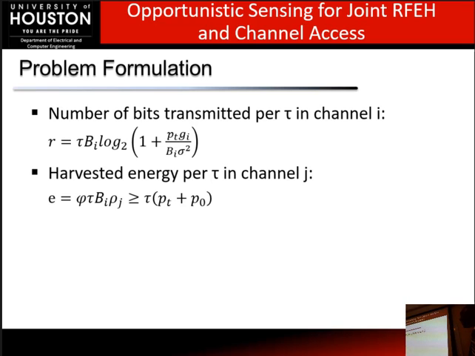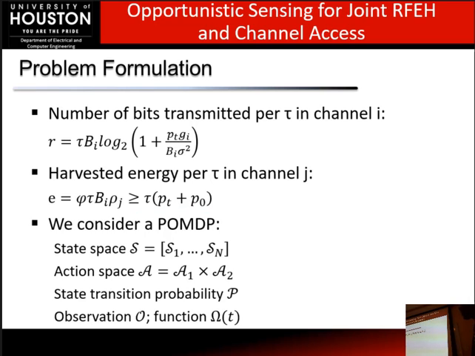The energy that can be received is given by E, where phi is the energy harvesting efficiency, tau is the time duration, B is the bandwidth I explained earlier, and rho is the power spectral density. This has to be higher than the energy transmitted and the energy used for processing. Because we are in the situation of an ambient radio frequency scenario, we cannot directly know the state of each channel.